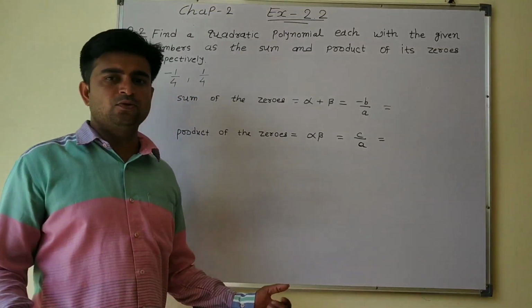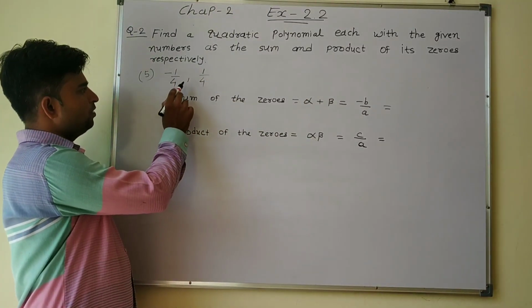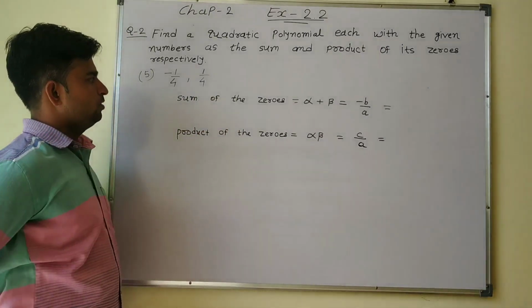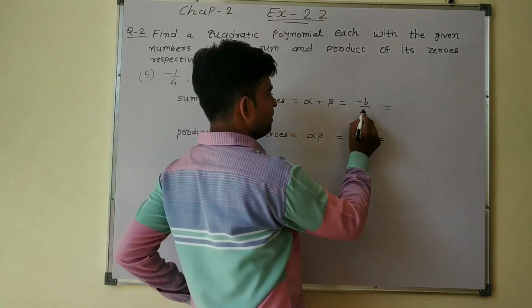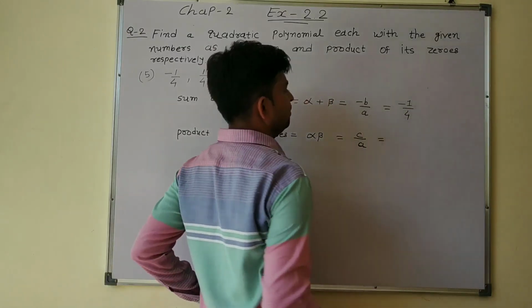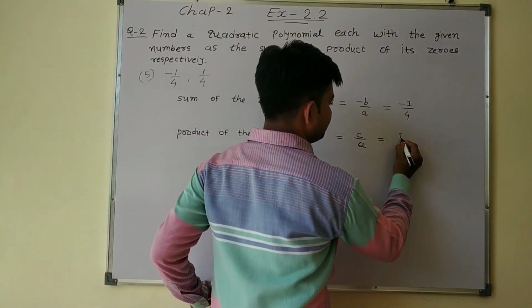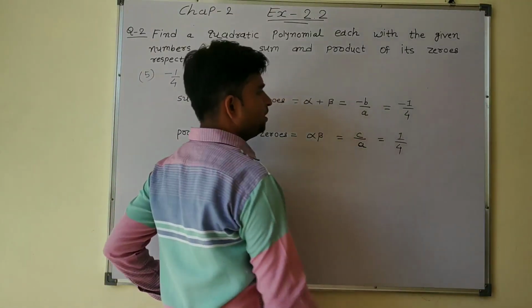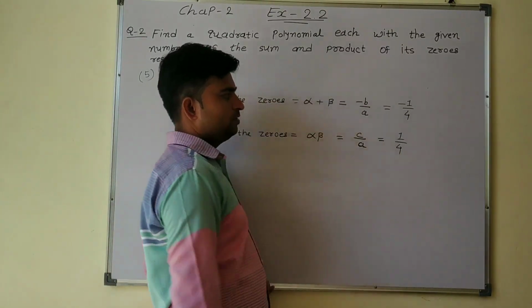Now let's see the fifth number, minus 1 upon 4, 1 upon 4. So sum of the zeros is equal to alpha plus beta is equal to minus b upon a is equal to minus 1 upon 4. And the product of zeros is 1 upon 4. Now see both the denominators. Here already they are equal.